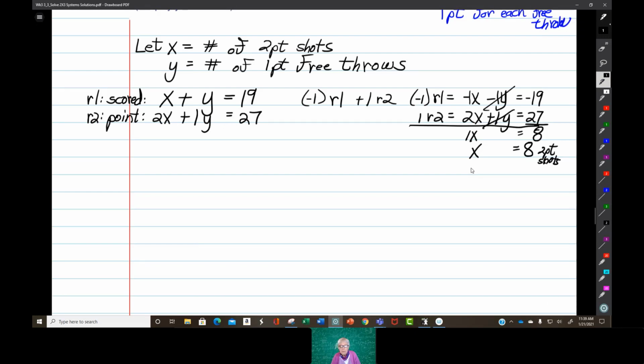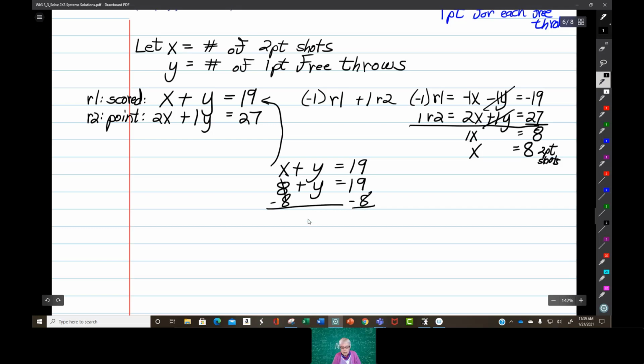Now we have to solve for y, and absolutely this first equation is the easiest one to use. x plus y equals 19. x is 8. 8 plus y equals 19. Minus 8, minus 8.